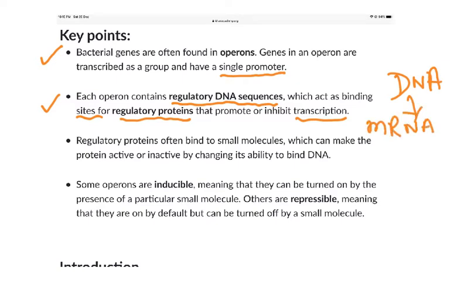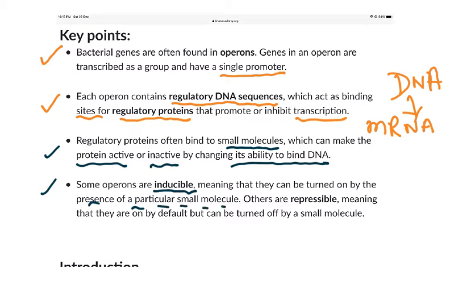This is the first stage of protein synthesis. Number 3, regulatory proteins often bind to small molecules which can make the protein active or inactive by changing its ability to bind DNA. Next, some operons are inducible, meaning that they can be turned on by the presence of a particular small molecule.